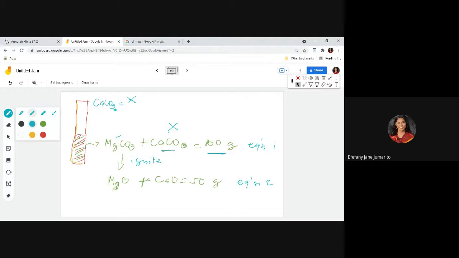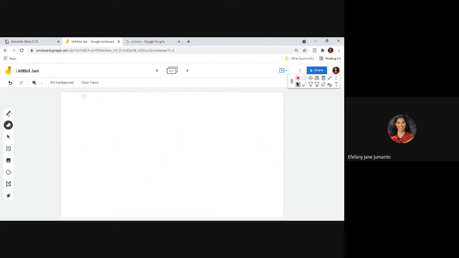So we let calcium carbonate be X. Then if that is X, magnesium carbonate will be 100 minus X. Right? Alright.